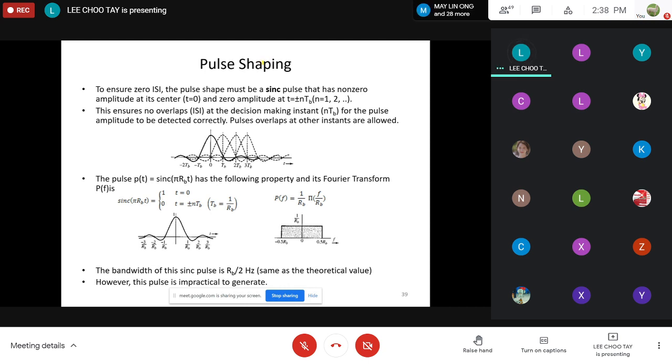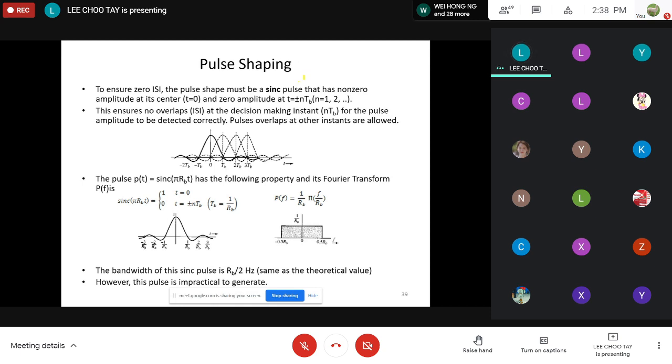So how do we sample the signal at the right time? At the receiver we need to sample at the same rate as the transmitter. So we need to synchronize them.